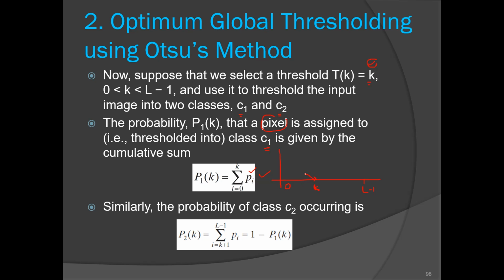The probability of these pixels is a summation of these pi, where i is smaller than k. This is the probability of a pixel assigned to class C1. Similarly, the probability of class C2 will be simply 1 minus this value, or you can calculate it as the summation of pi with i varying from k plus 1 to L minus 1, or it will be 1 minus this, right?